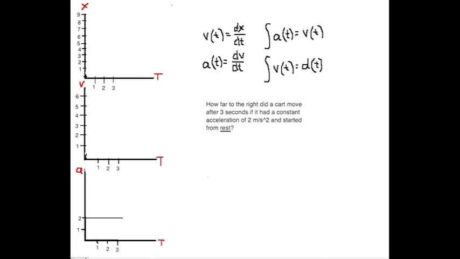So what you can do in order to find the area under the curve, of course in this case you could just do 2 times 3 because it's just a perfect rectangle. But if it were a harder question, you would take the definite integral from t equals 0 till t equals 3 because the cart was moving for 3 seconds.